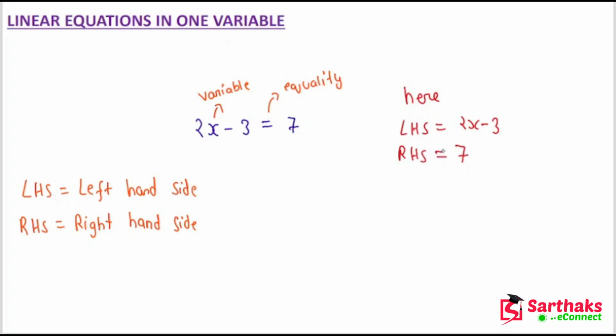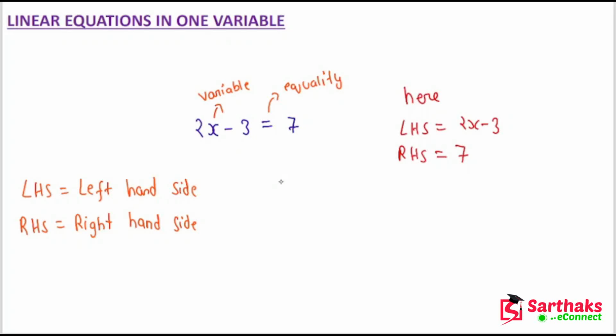So in linear equations in one variable there is always a variable, and it will only be one variable. Here it is x, you can take y, you can take z. It will contain an equal sign because it is an equation, and it will also contain LHS and RHS, that is, there will be something on both the left hand side and the right hand side of the equation. So this is a linear equation in one variable.